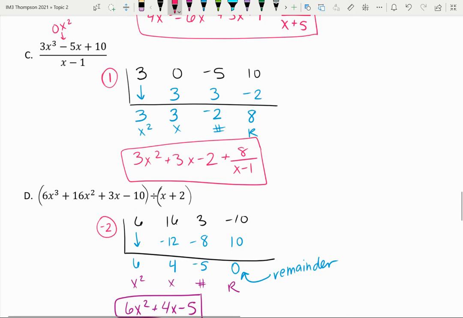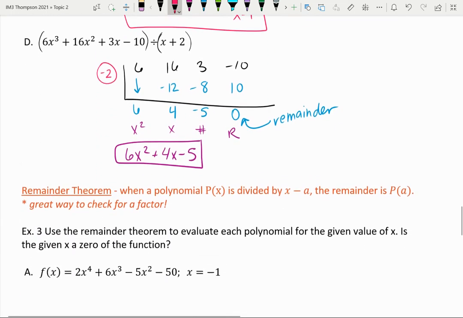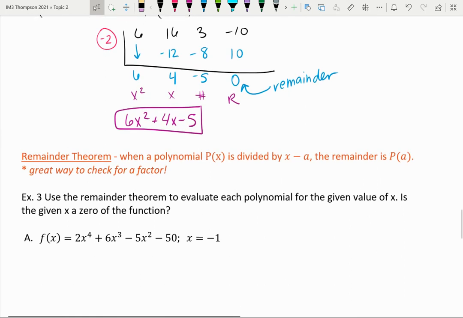Not too bad. Okay. So something else we're talking about today is something called the remainder theorem.